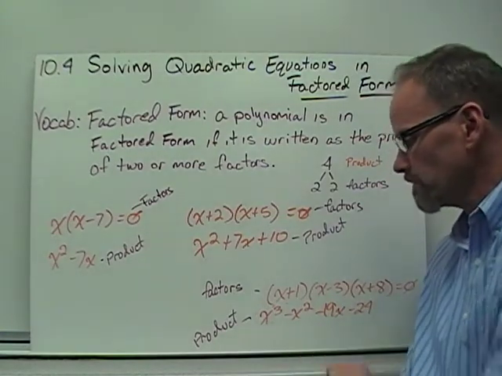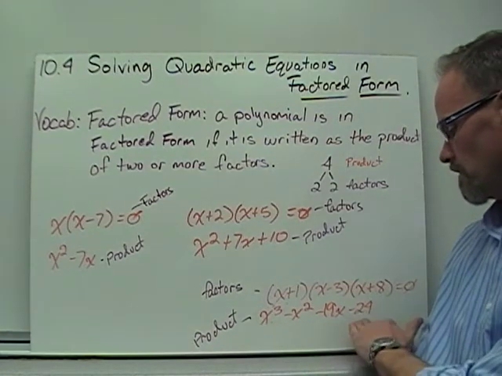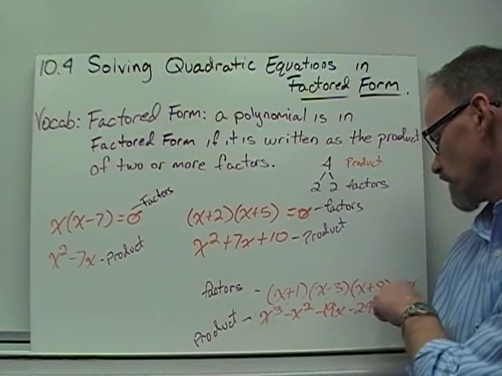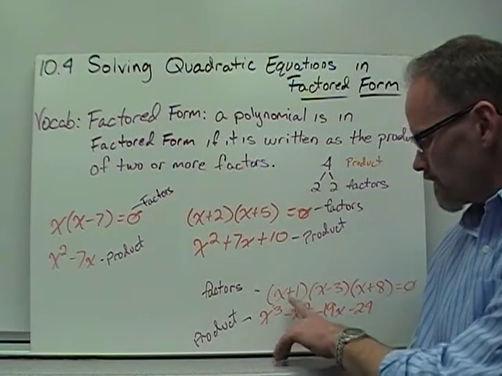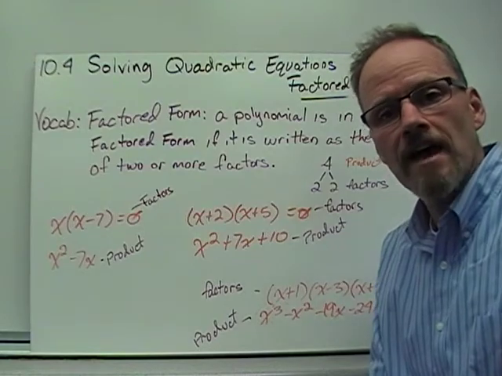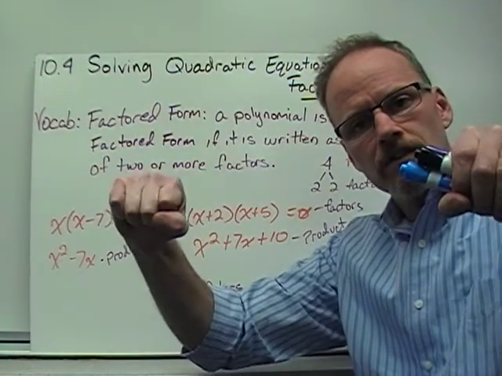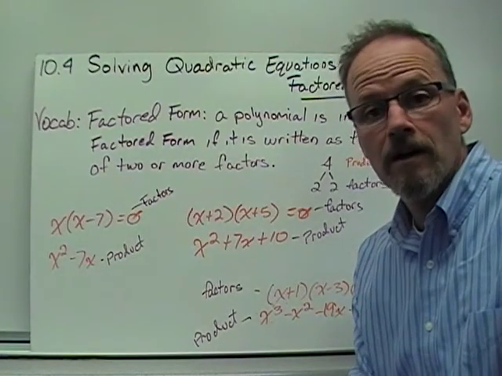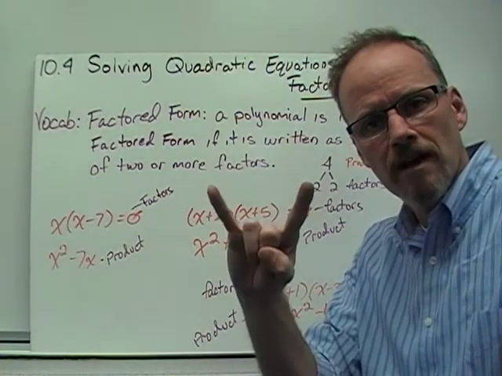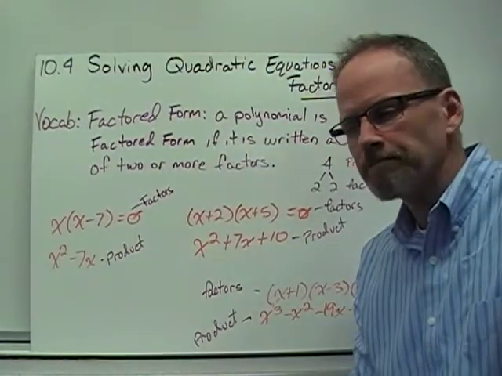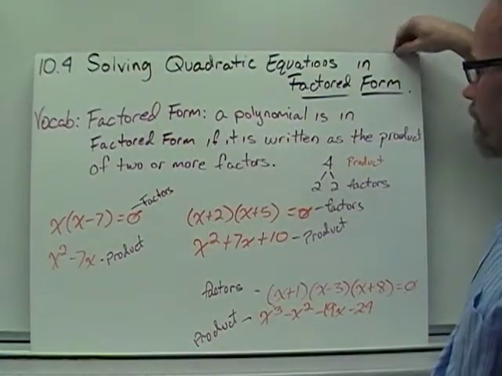The product is the long polynomial here, and here are the factors we're interested in. These factors right here eventually are going to tell us where the x-intercepts are. Remember the little x-intercepts, so we can know what kind of graph we're going to make. Could be a quadratic, could be the cubic that looks like a propeller, but we're going to find out.